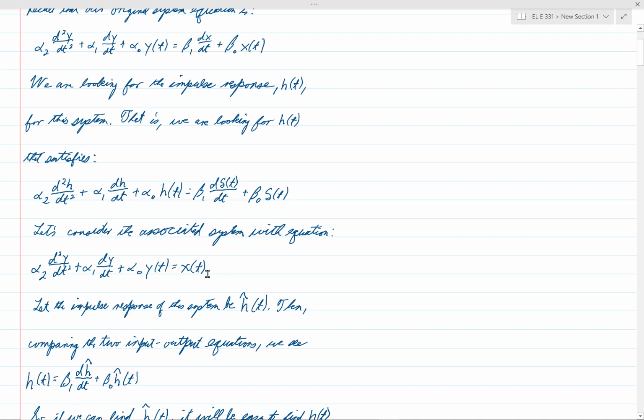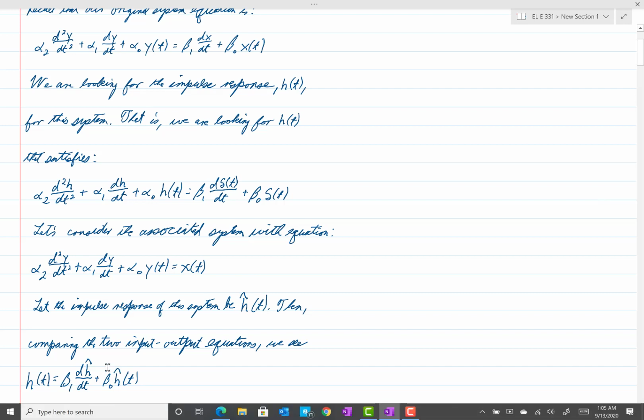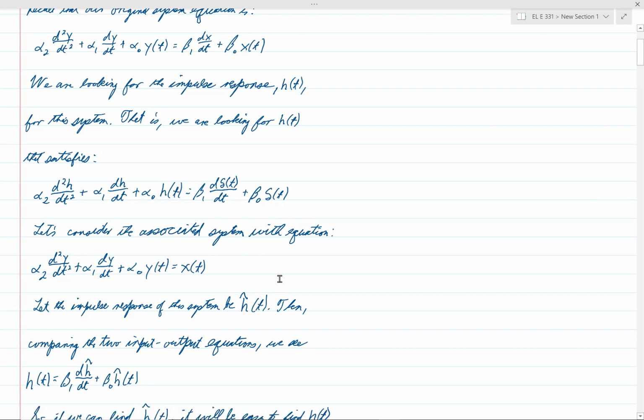In other words, since the right-hand side up here is beta 1 times the derivative of this right-hand side plus beta naught times the right-hand side, then we're thinking that the impulse responses would be related in exactly the same way: the impulse response of this system would just be beta 1 times the derivative of the impulse response down here plus beta naught times the impulse response down here.